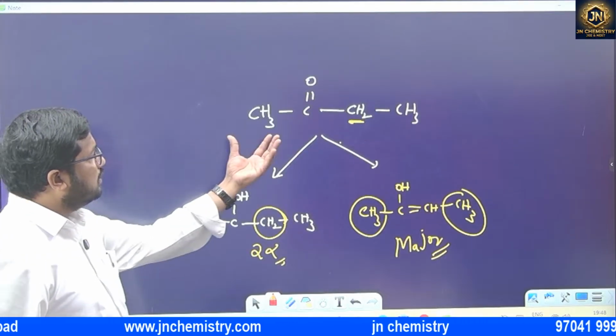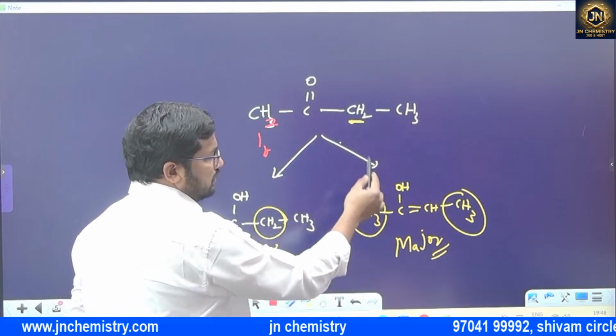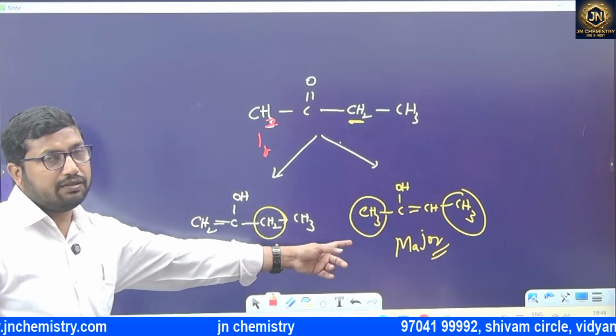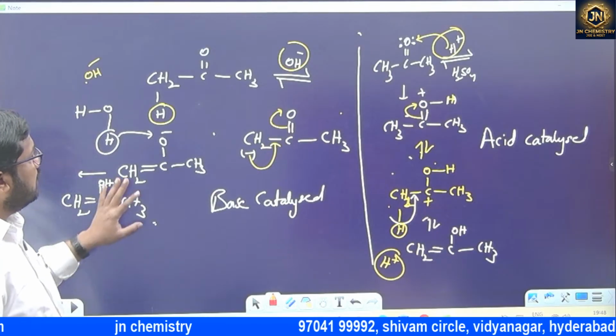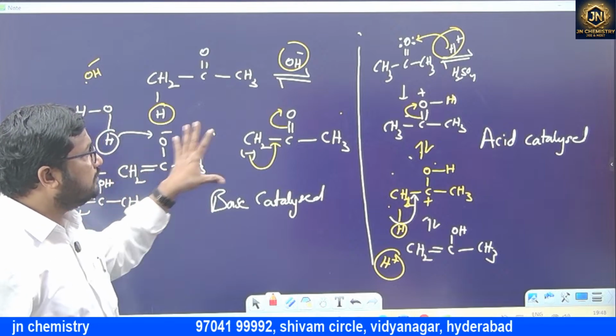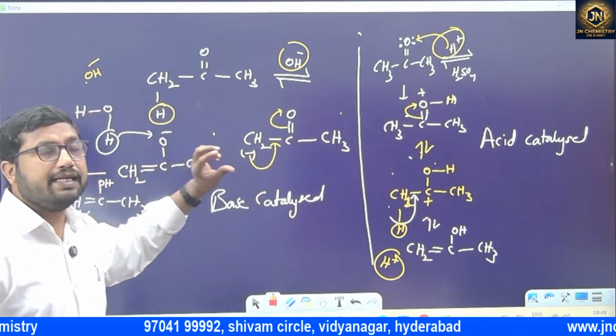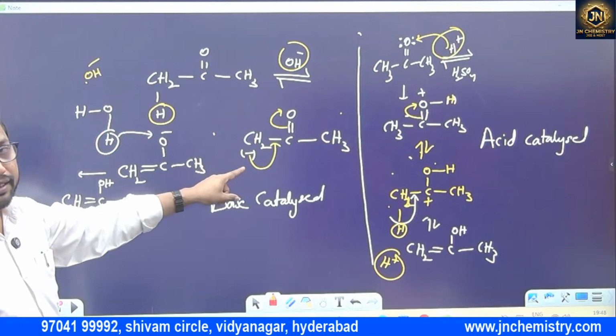Next, we can remove the alpha hydrogen from here and here. So the major one is the right side one, because of more number of alpha hydrogens. And this is a mechanism. This is base catalyzed mechanism, acid catalyzed mechanism. In base catalyzed mechanism, first the base abstracts the proton, negative charge is forming.